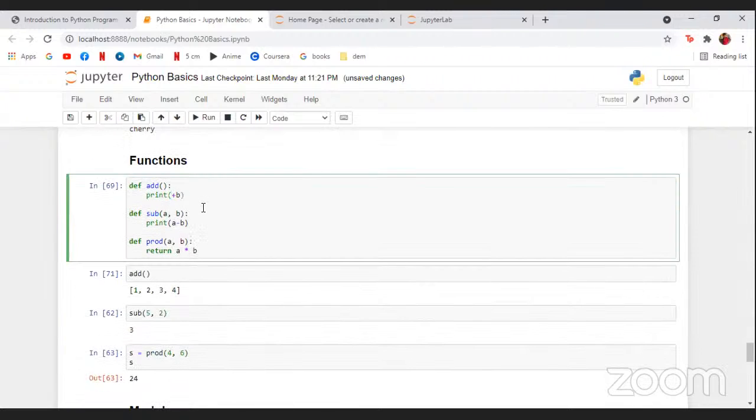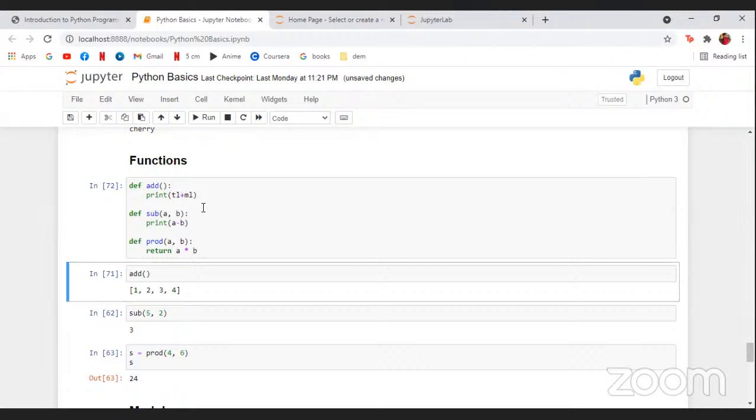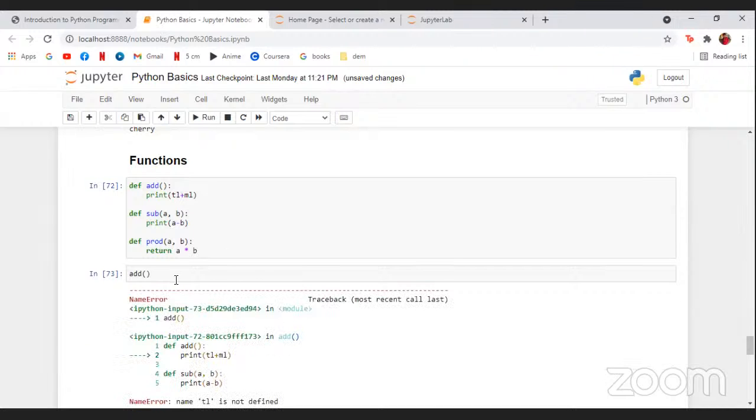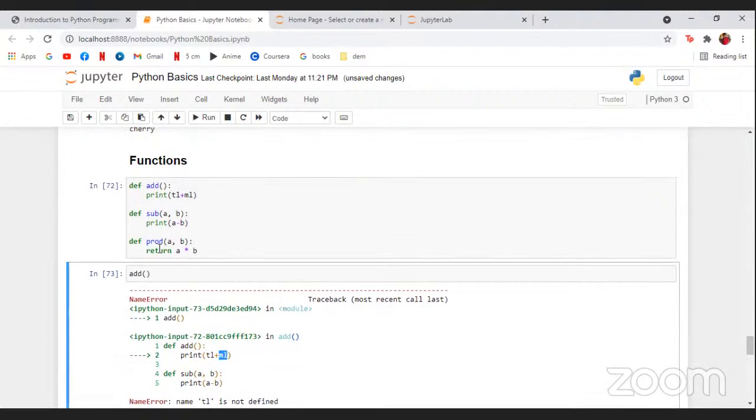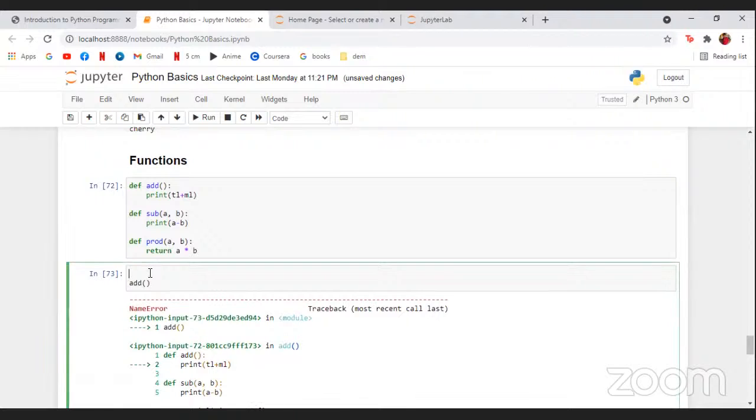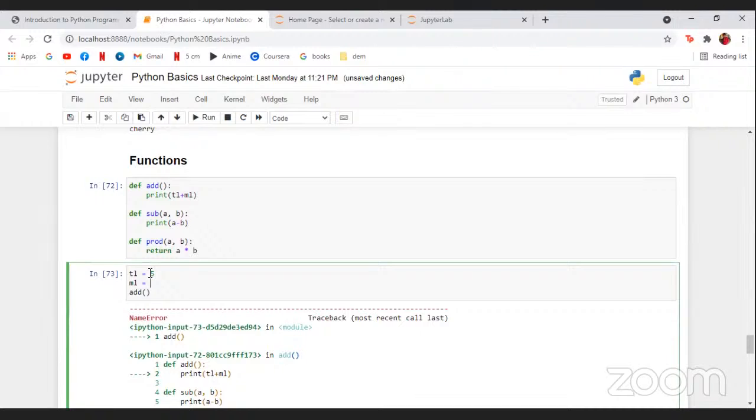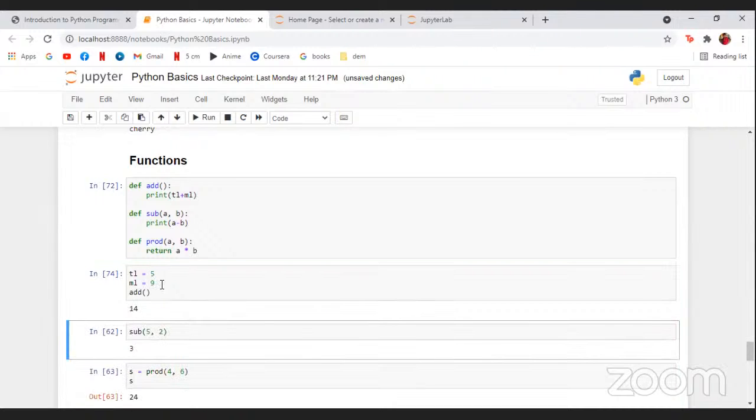So what's happening here is there's a and b up ahead somewhere. So I'm just going to give some different names. Now when I call it, it will just give you an error because you've not passed tl and ml and it doesn't know what they are. So if you want to use it that way, then say tl equals 5 here, ml equals 9. And now when you call it, these have been defined, so you can use the function.